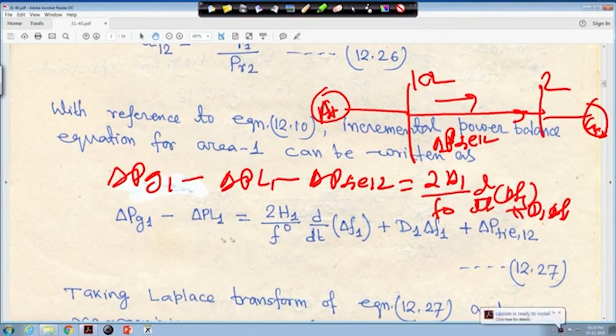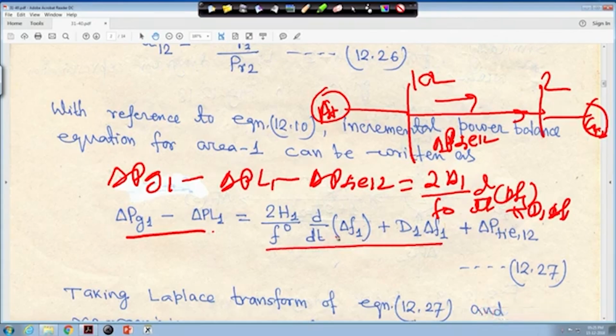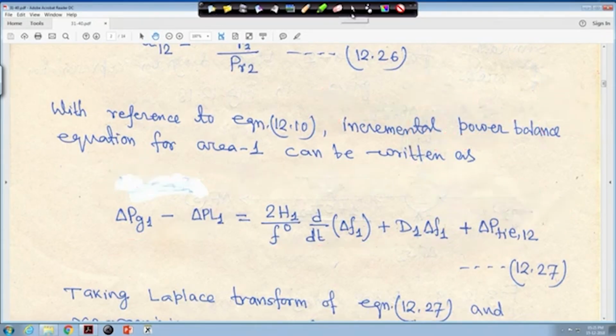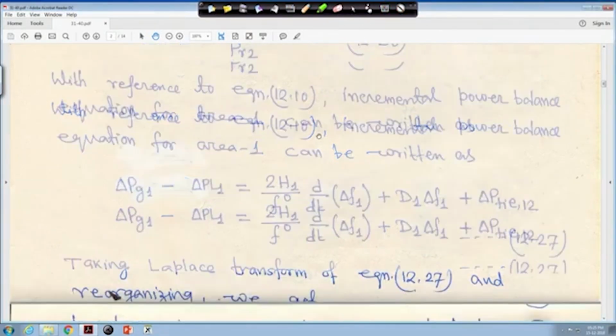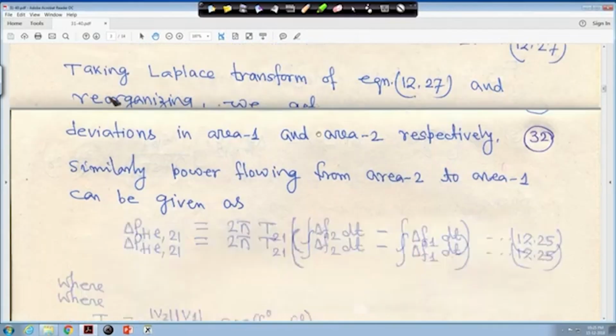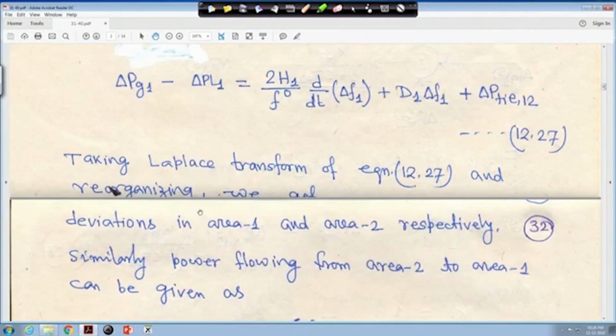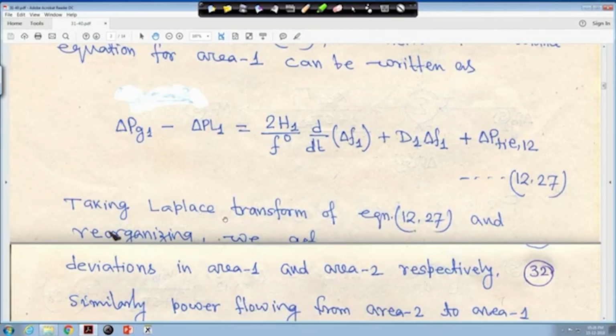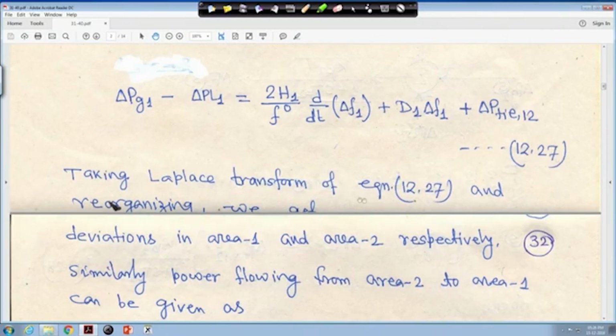So it is the same equation, that is delta P g minus delta P L 1 is equal to, as we have already seen, the transient imbalance term, plus delta P tie 1 2 brought to the right hand side, that is all. Now with this, if you take the Laplace transform and simplify, you can write this as one equation. Now, Laplace transform of equation 27.